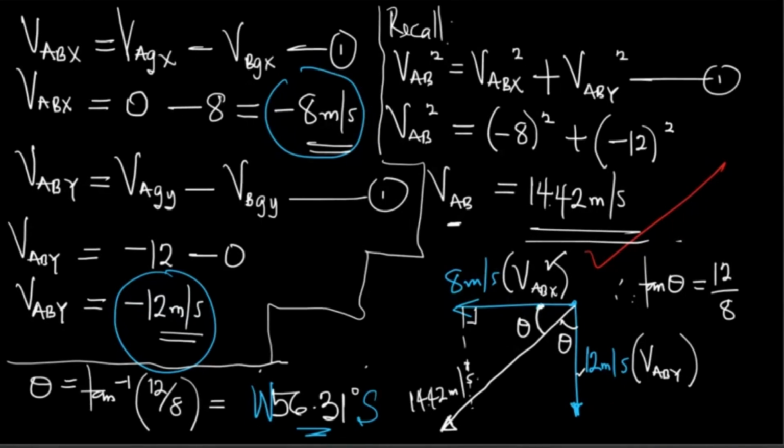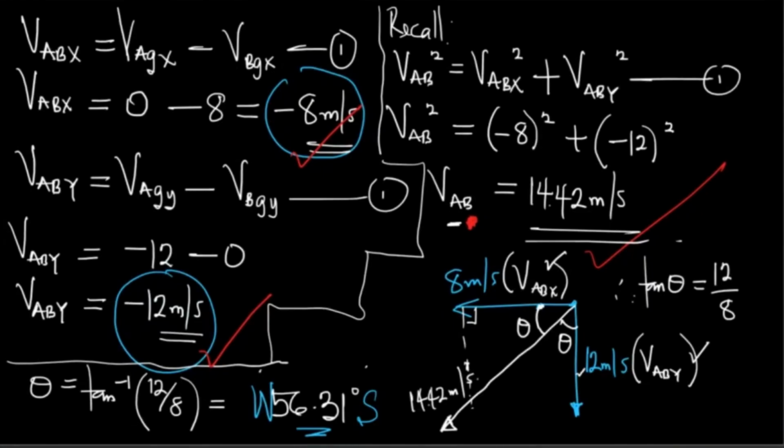This is not the velocity of B. This is not the velocity of B and A. So what we have done here is that we have resolved the velocity of A relative to B on x and y axis, the relative velocity. So that is the reason why we got our direction with that one I indicated with blue. So it's what I calculated here, the x-axis and the y-axis. So remember, this is talking to the relative velocity, which is the resultant velocity.